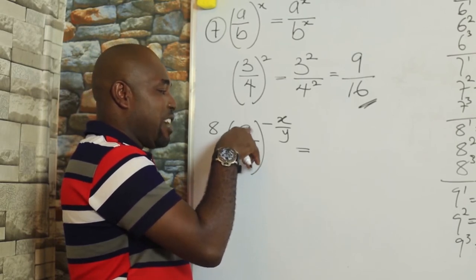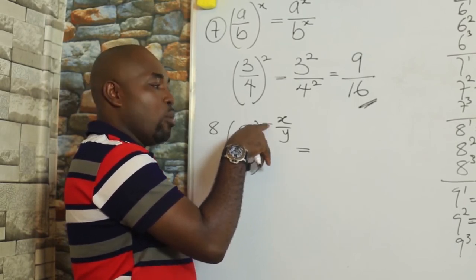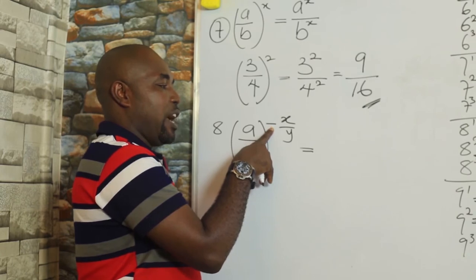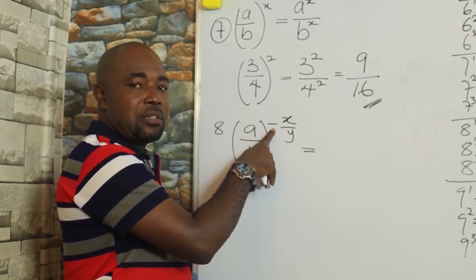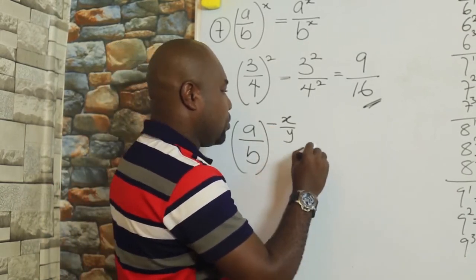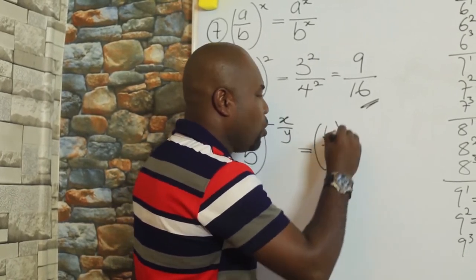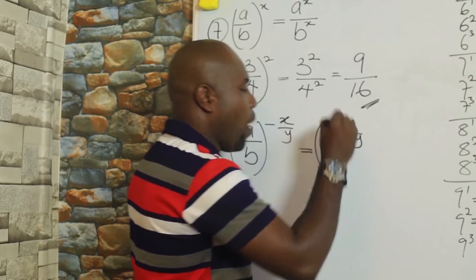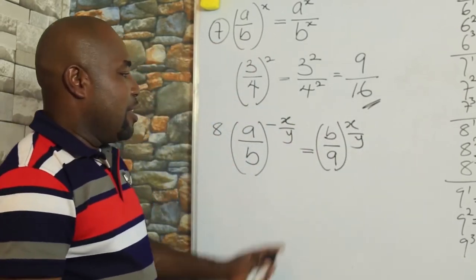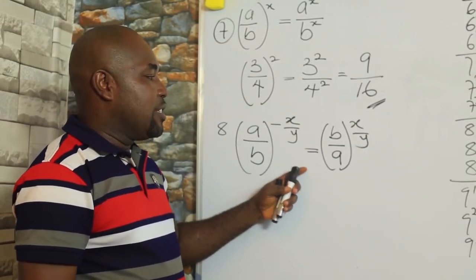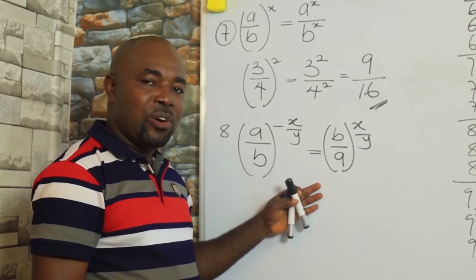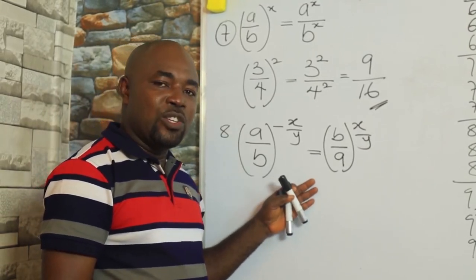We shall make an inverse here to do away with this negative sign. Am I communicating? So look at it. This will be B over A all over X over Y. That is why we call it the transformational law.